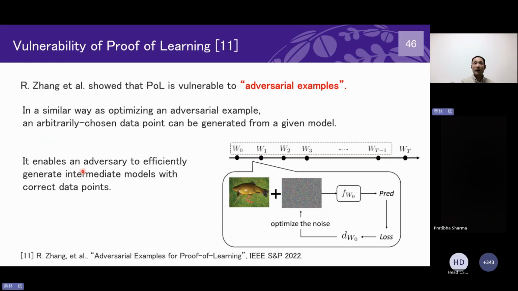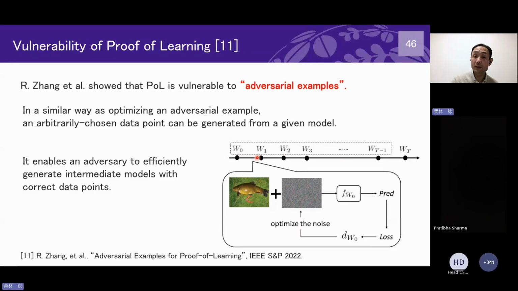Unfortunately, the original proof of learning has a vulnerability because it is vulnerable to adversarial examples. In this case, the proof of learning is related to each other. So the original scratch weight parameter is updated, and the owner will store some information about the update of the weight parameters.